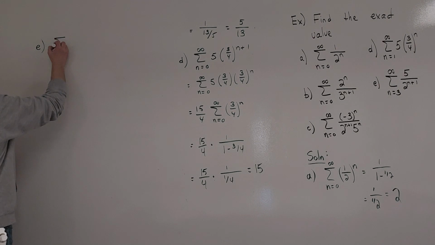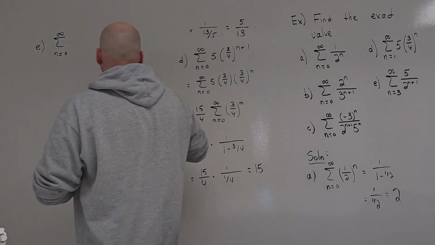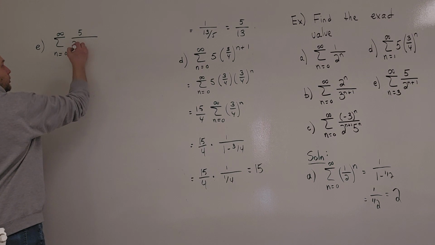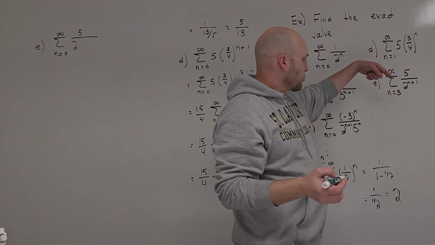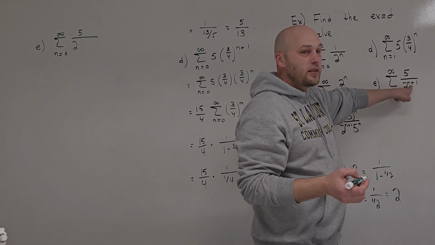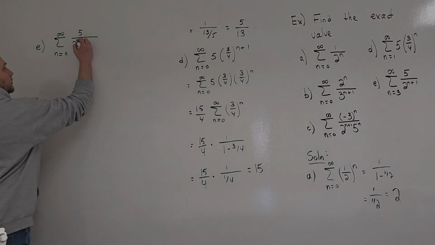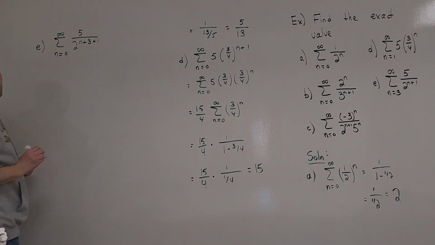The sum n is equal to 0 to infinity of 5 over 2. Now, if the initial index drops by 3, what I do is I replace n with n plus 3. And then I already had a plus 1 there.